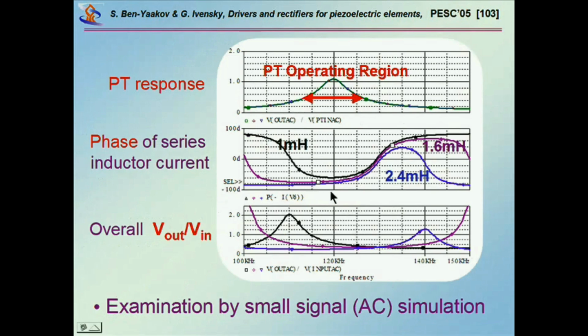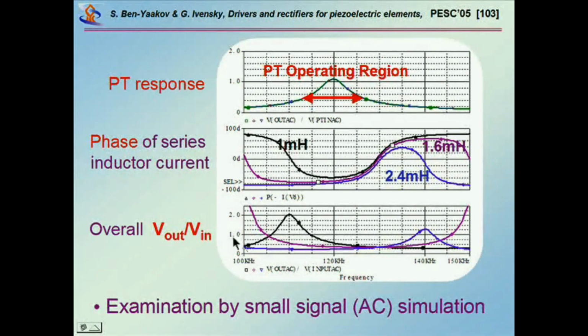So here's the situation. This is the operating region of the transformer. This is again output to input ratio, just to see where we are at. Here we have different input inductances. This shows the phase of the series inductor current, and obviously you like it to be lagging, because this is what you want for soft switching.